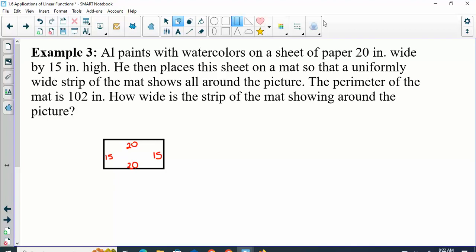So is the mat bigger or smaller than the picture? Bigger. Here's my picture, and I am placing a mat behind it so that I have the same border showing all the way around. So I have a bigger rectangle going around the outside of this.